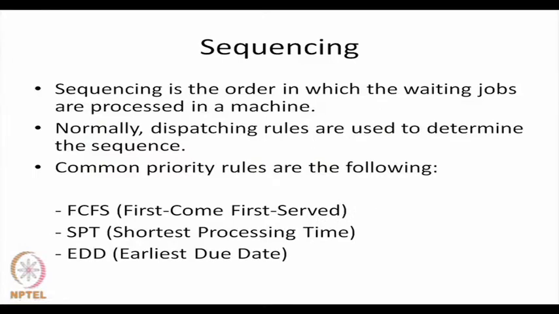So, we now know how a schedule is to be made for a very simple situation where we have 2 jobs and many machines. Unfortunately, we do not have general solutions to m job and n machine problems.